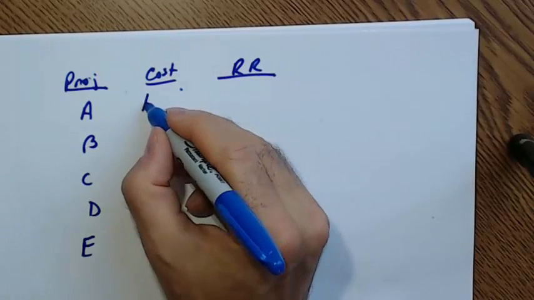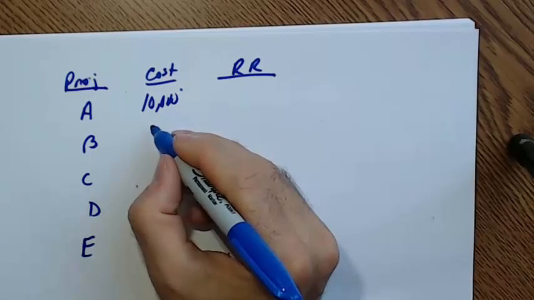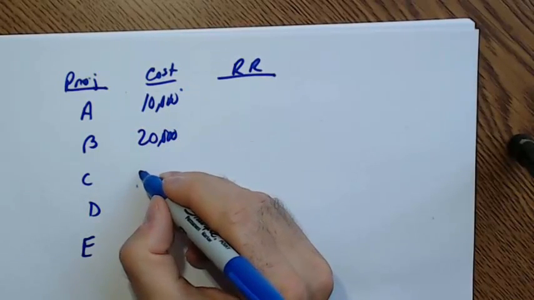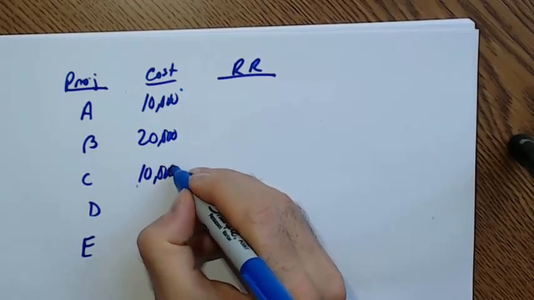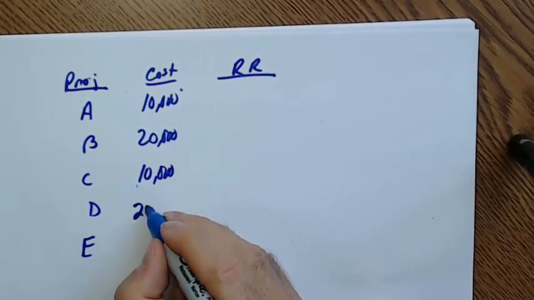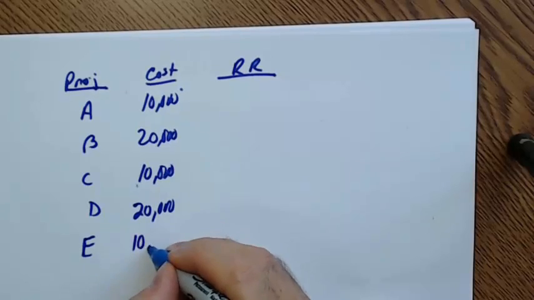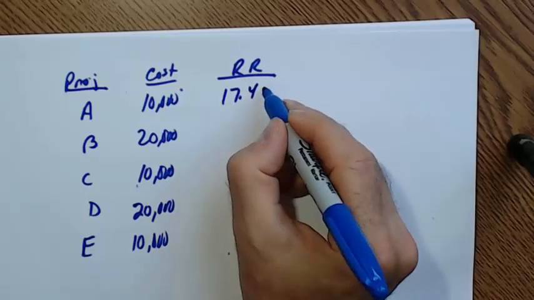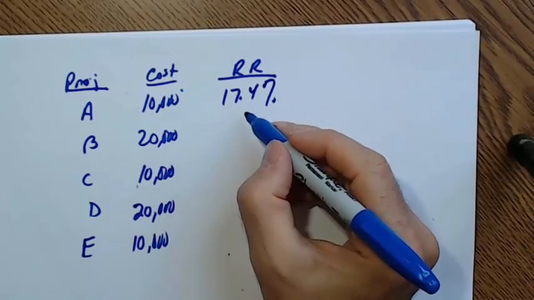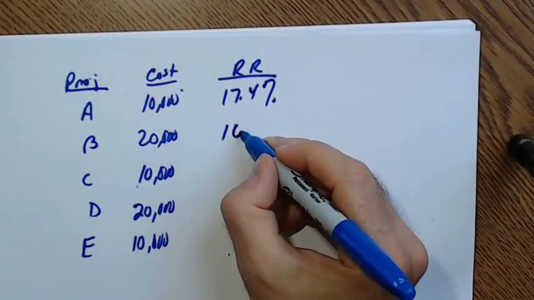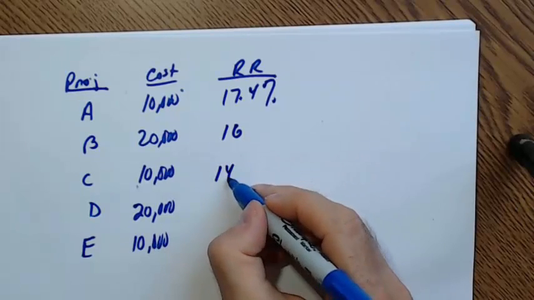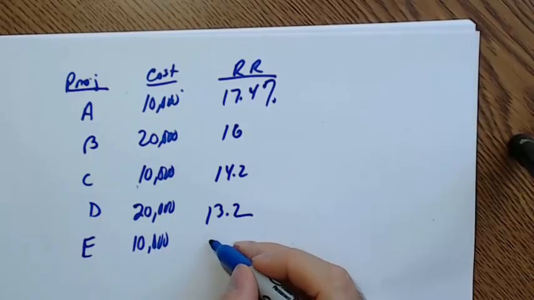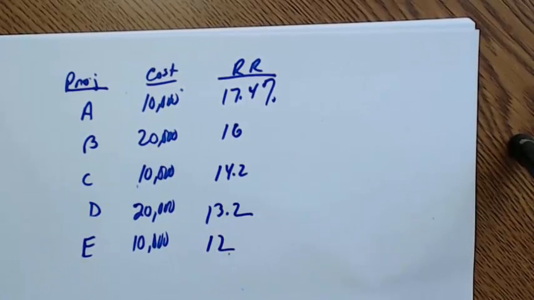The cost is $10,000 for A, $20,000 for B, C is $10,000, D is $20,000, and E is $10,000. And the return that each one generates: A, 17.4%, 16%, 14.2%, 13.2%, and 12% is the return.